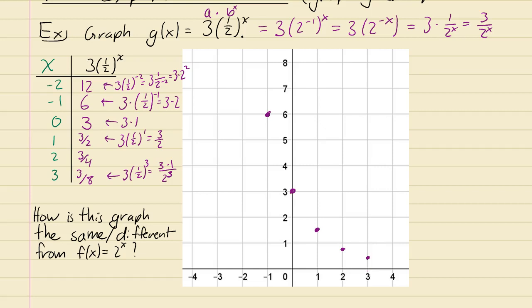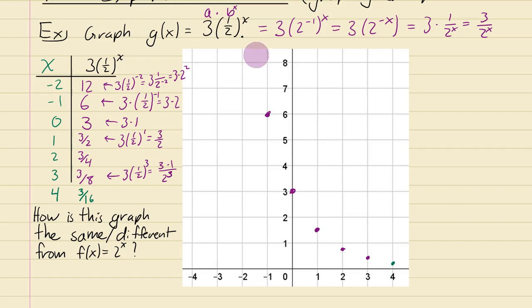We also know that the bigger x gets, the bigger the denominator will get here, and you'll get a number closer to 0. So for example, if I plugged in 4, then we'd get 3 over 2 to the power 4, which is 3 over 16, and that's going to give us another point closer to 0.